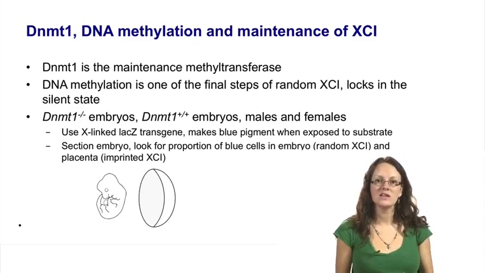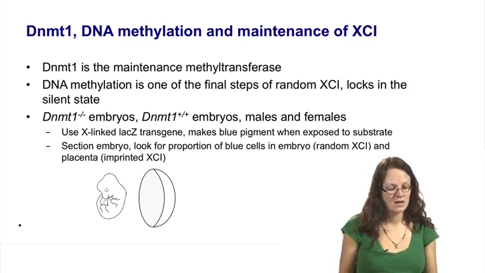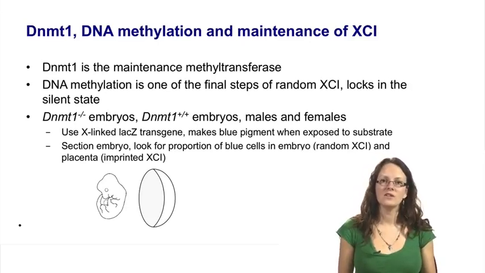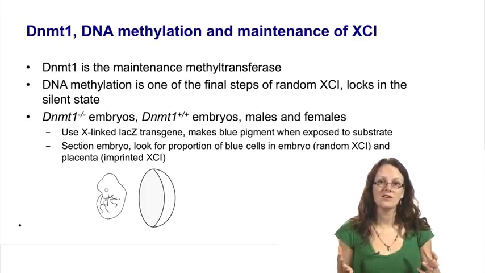And so we know this DNA methyltransferase is involved in maintaining DNA methylation states after cell division. So we know that DNA methylation is one of the final steps involved in X chromosome inactivation. It happens relatively late in terms of the timing of X inactivation in embryonic stem cell differentiation or in vivo.